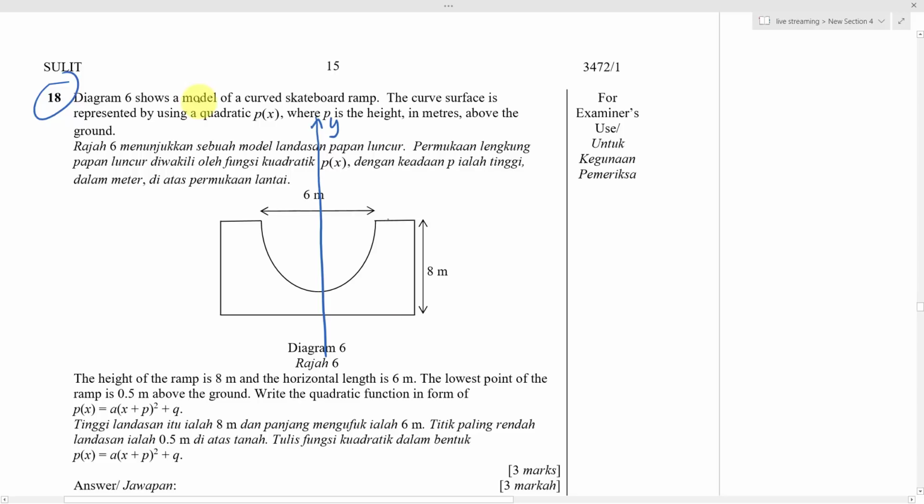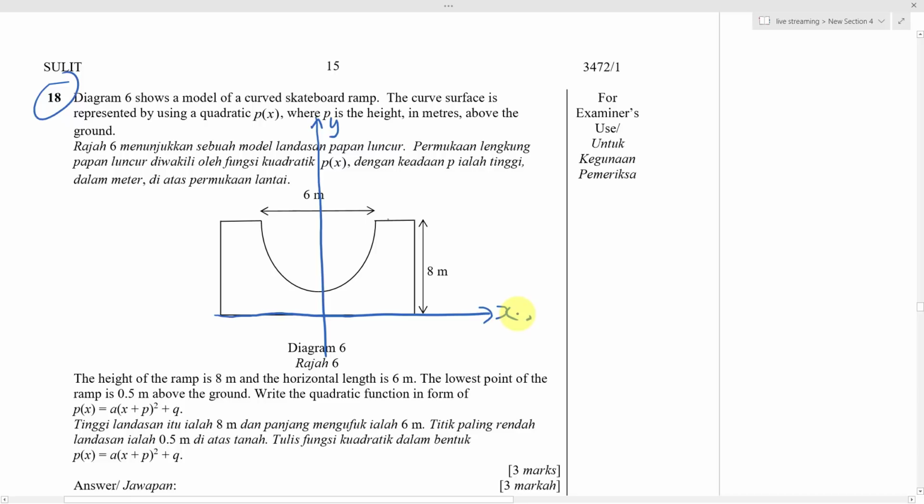Okay, let's read the question first. The diagram 6 shows the model of a curved skateboard ramp. The curved surface is represented by the quadratic p(x). Where p is the height in meters above the ground. So above the ground, luckily we still know this one is the ground, so this one is the x-axis.